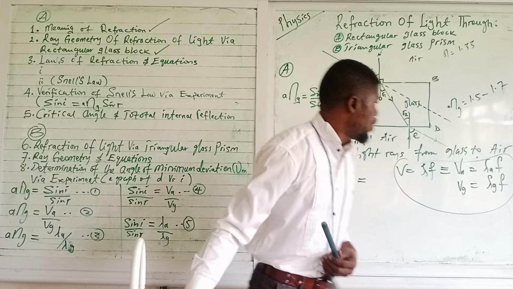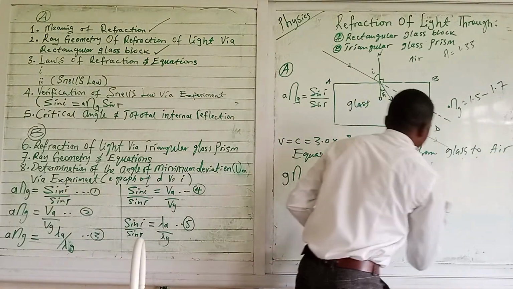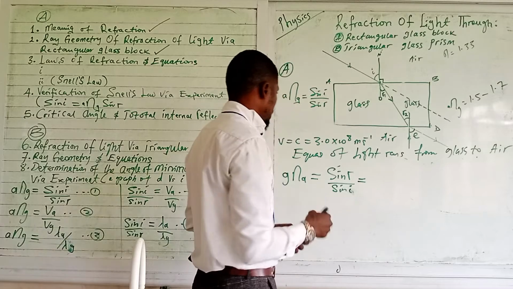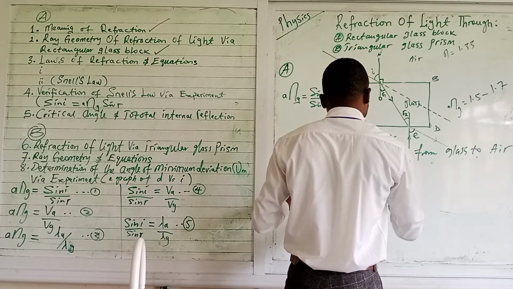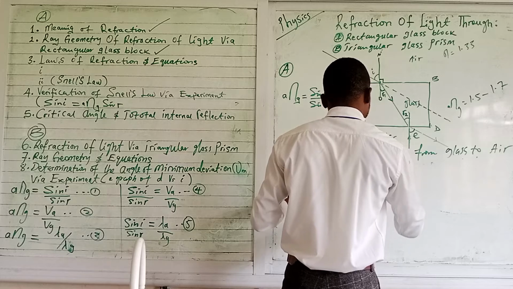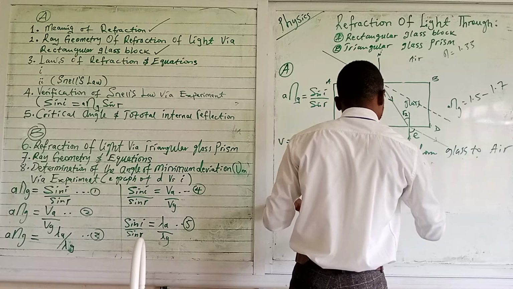So we are going to customize it to fit into that. So now what we have here becomes VG over VA is equal to lambda G over lambda A.